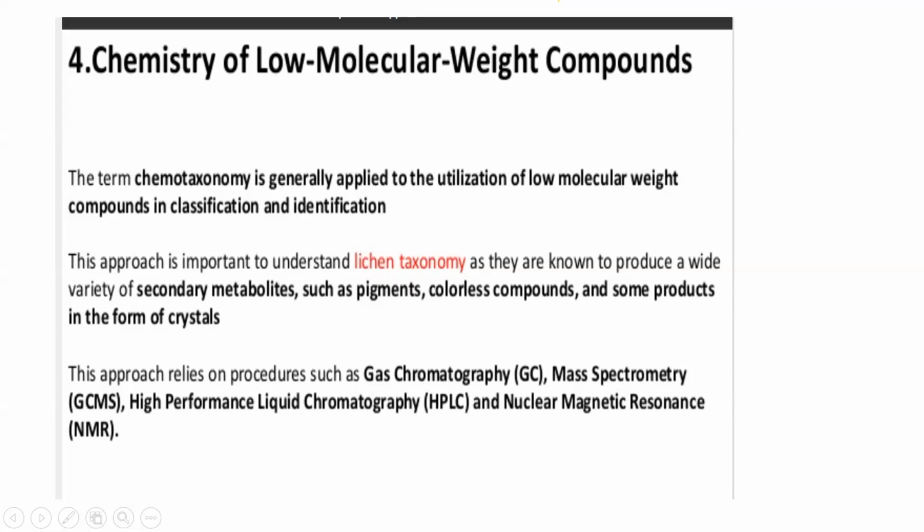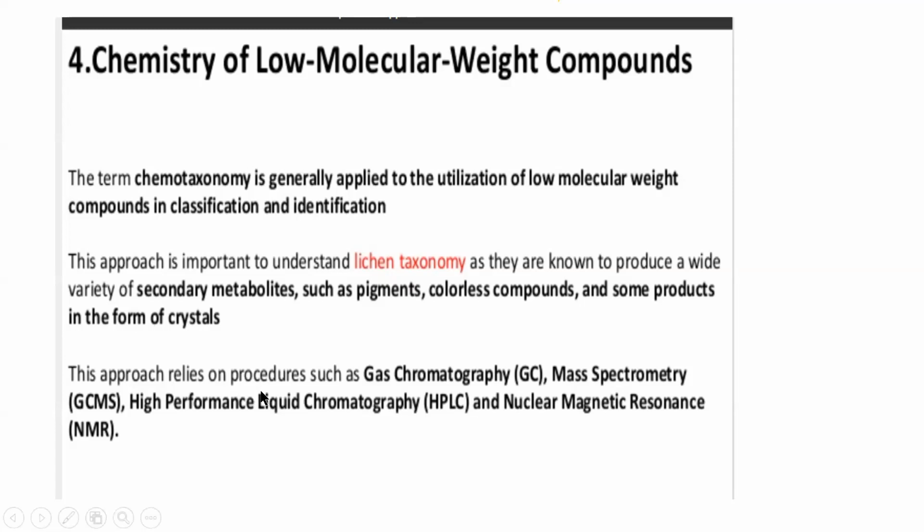Most of the lichens produce commercially important chemical compounds that have some use. Okay, so when you are studying such compounds, you can also attribute them to the classification of the fungus which is present in the lichen. Okay, so you have different techniques.